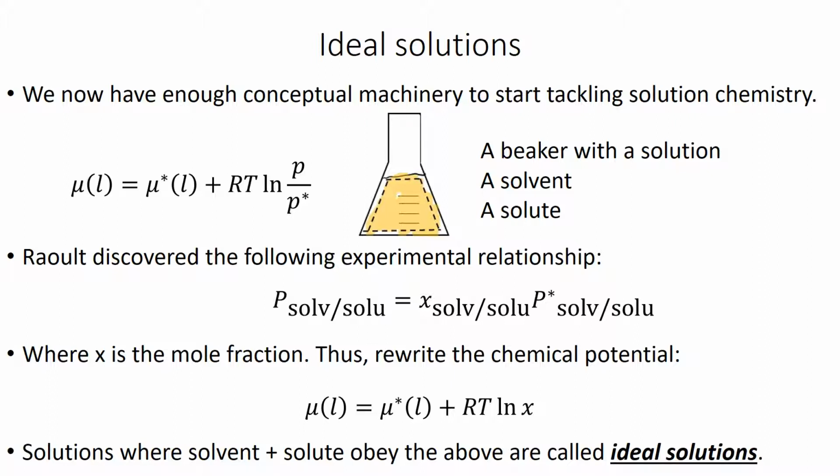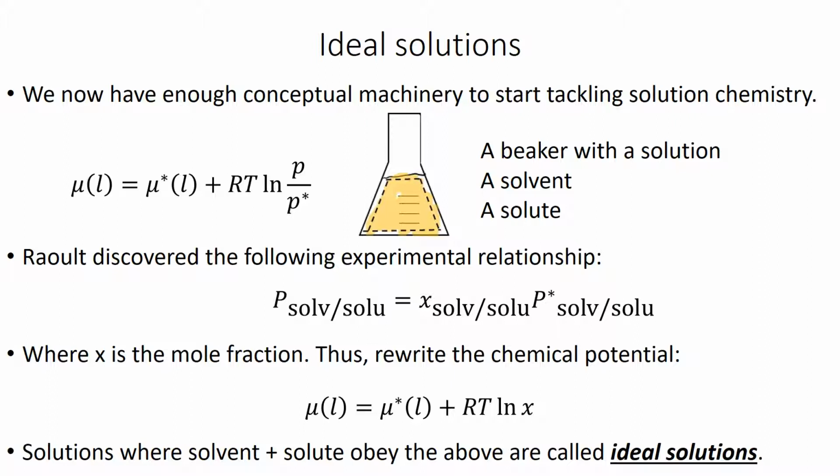You write the chemical potential of the liquid as equal to its pure state, plus RT log mole fraction. And the key thing to keep in mind is that if both the solvent and solute obey this equation, the rewritten chemical potential in terms of mole fraction, we are dealing with what are called ideal solutions.